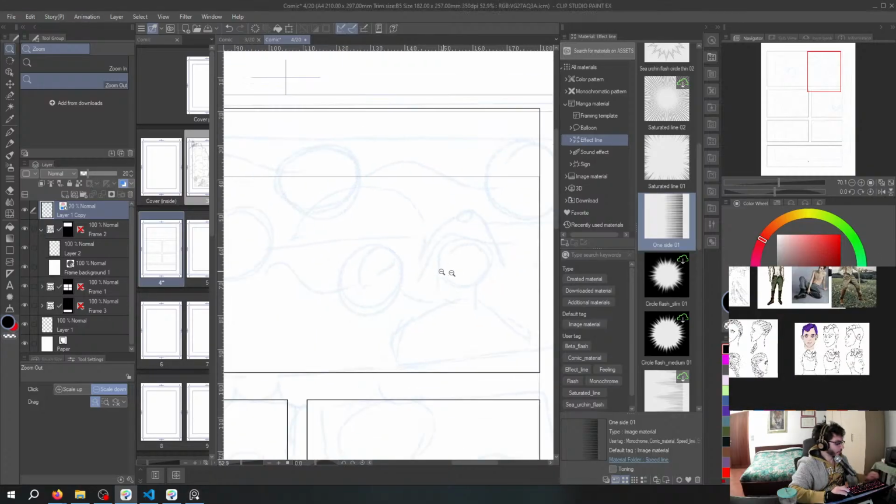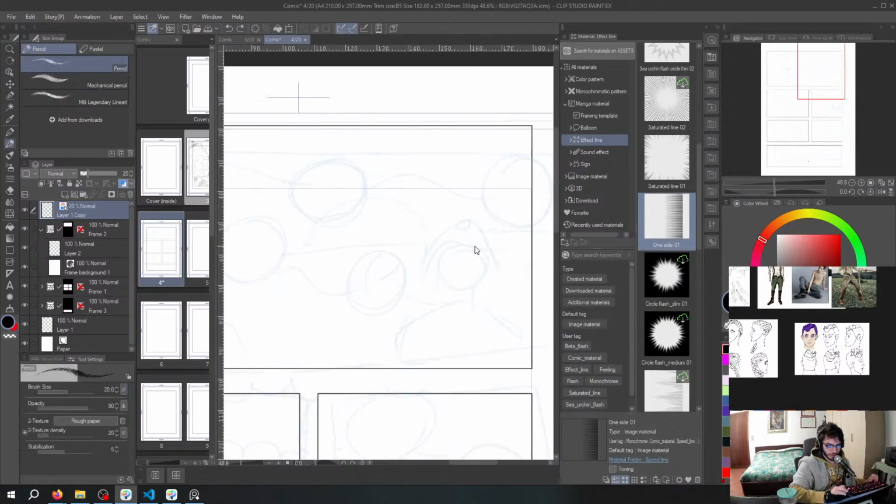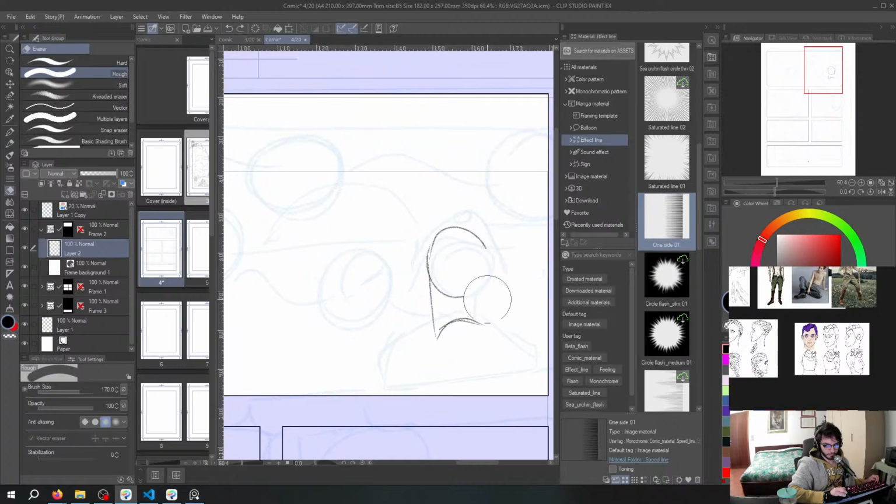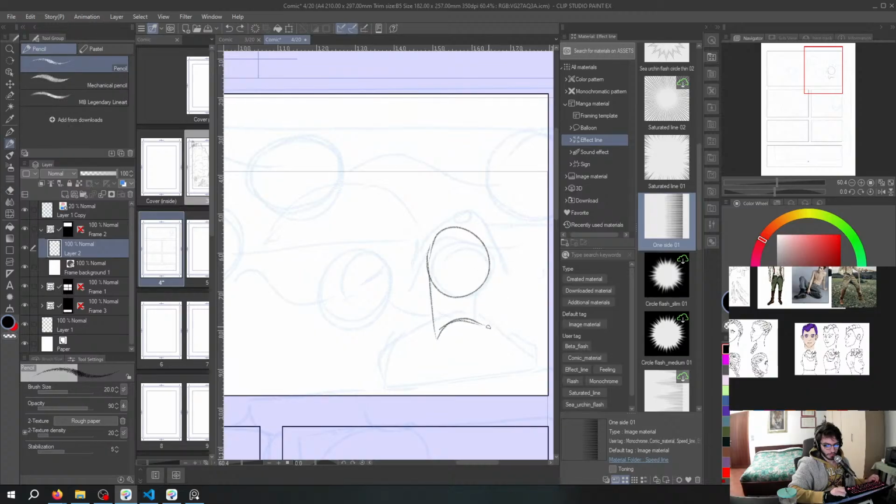Let's just put down the mannequins. Gonna do a little bit of the Artwood method.